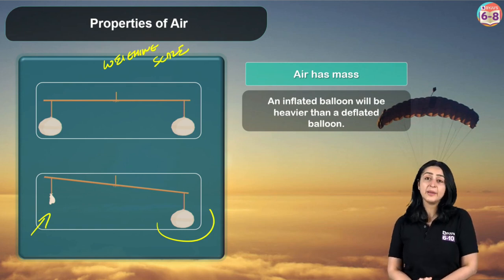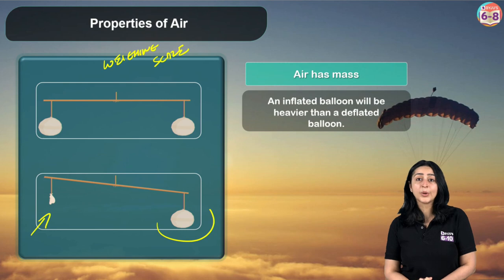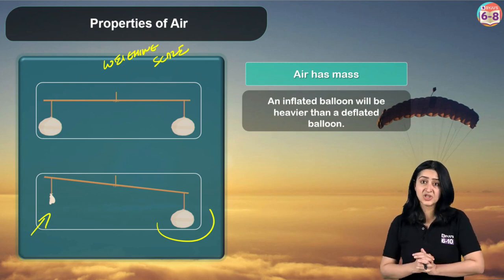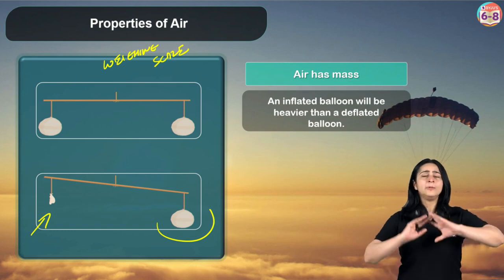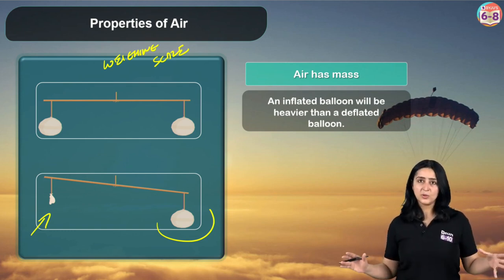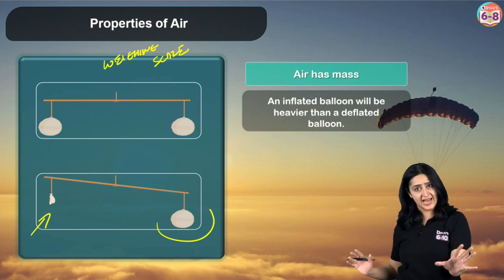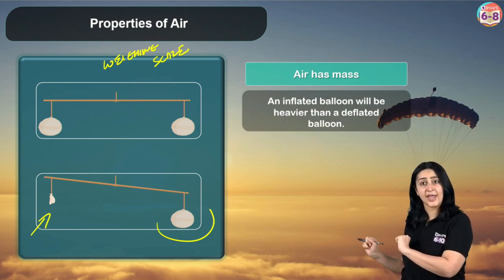Okay, now we've covered a very important key takeaway of this chapter, which is properties of air. We've discussed that air is all around us, and we've discussed the properties of air also.